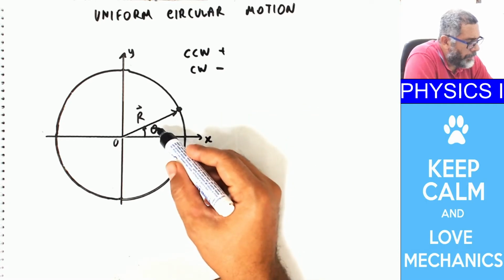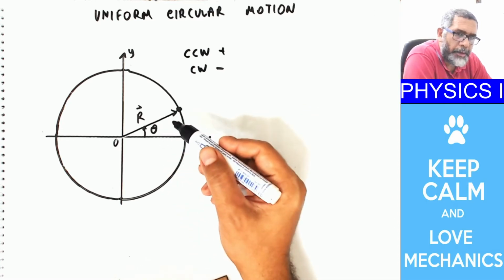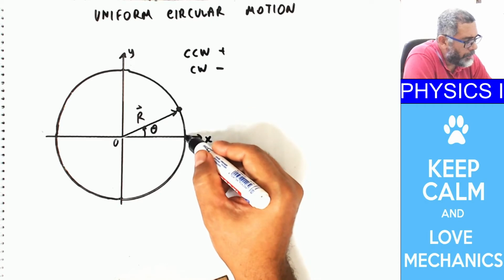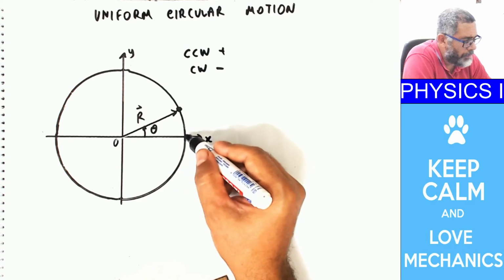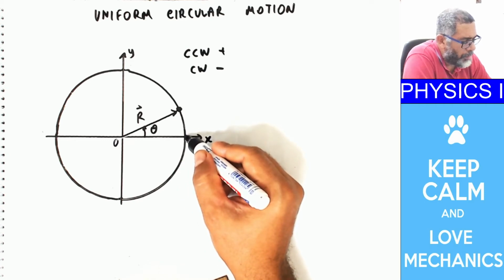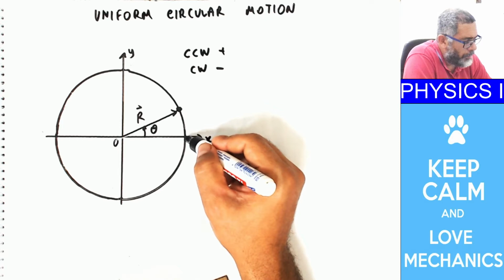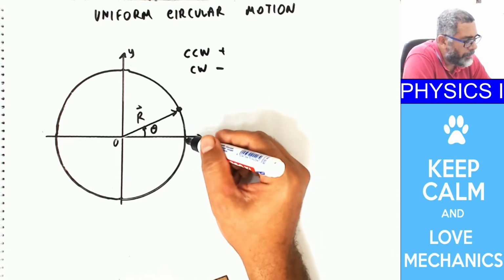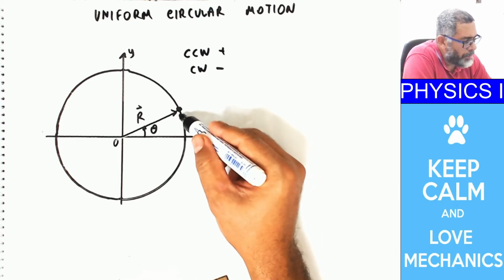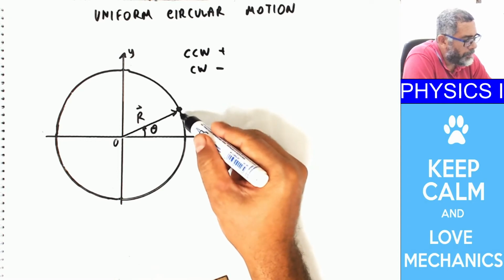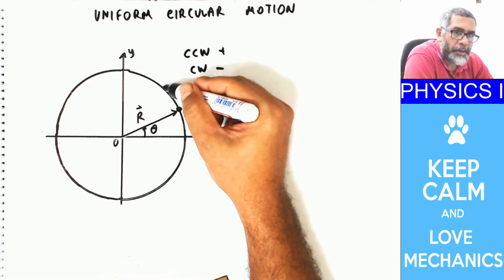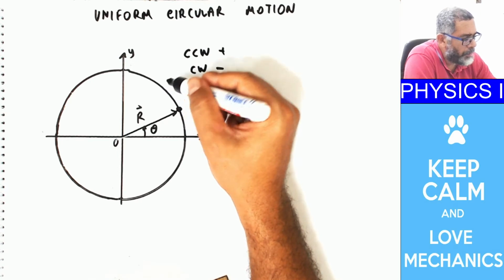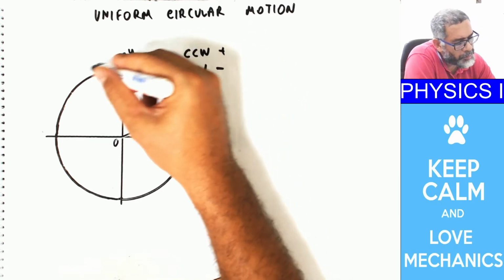Let's say at time t equals 0 the object starts right from this point on the x-axis, and it moves at constant speed so that it takes 30 degrees, or pi over 6 in radians, in 1 second. Then the particle will go another 30 degrees by time t equals 2 seconds, another 30 degrees by time t equals 3 seconds. So it goes like this.